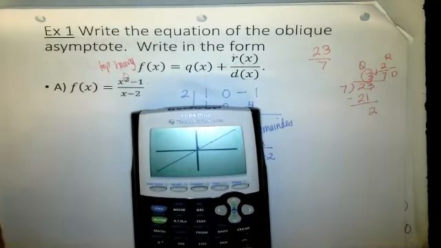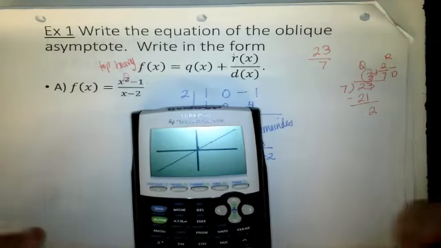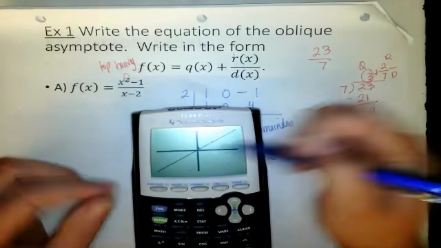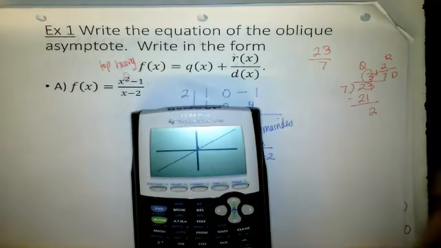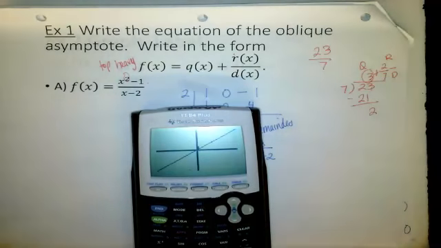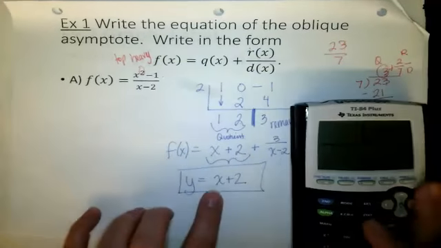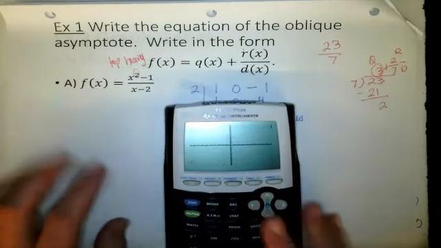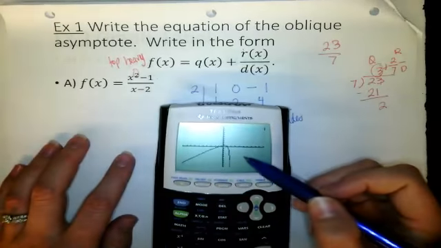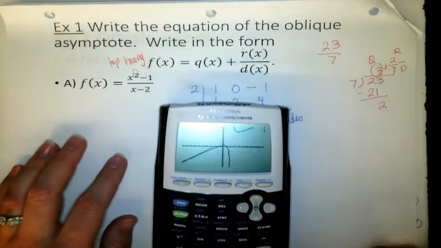So that's what an oblique asymptote does. It tells us what happens for large values of x. It approximates. It gets super duper close to this line. But close in, we see it does some interesting stuff.